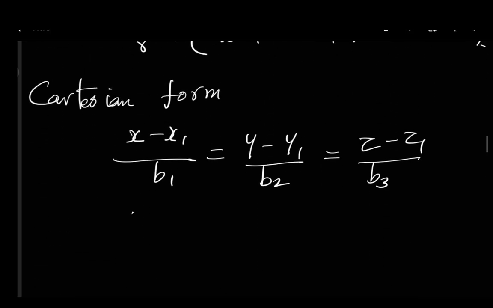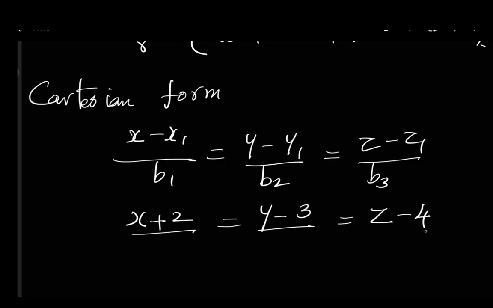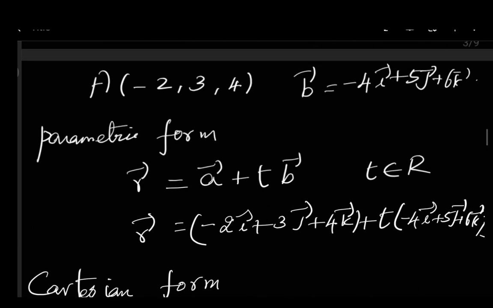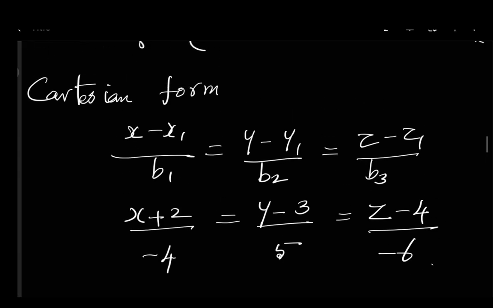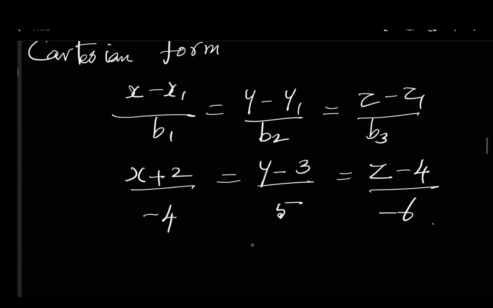So x minus of minus 2, so plus 2, by b1; then y minus 3 by b2; then z minus 4 by b3. Here b1, b2, b3 are minus 4, 5, 6. So this is the Cartesian form, or Cartesian equation. This is the required equation.